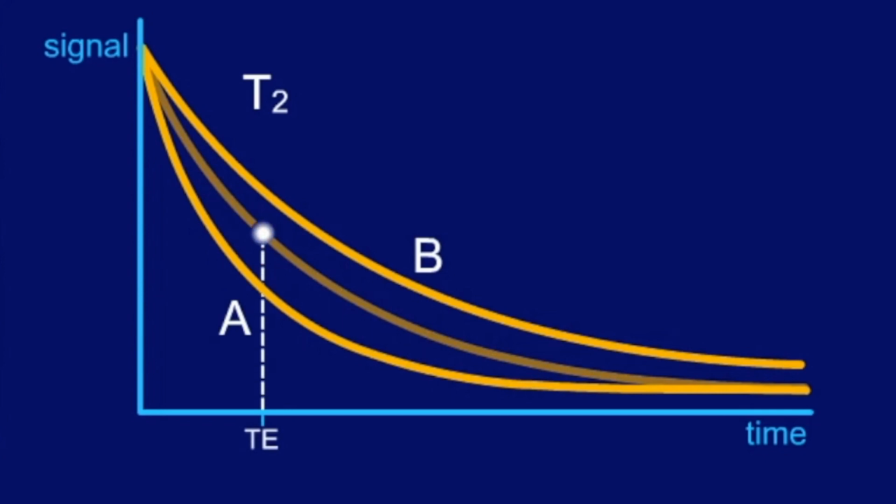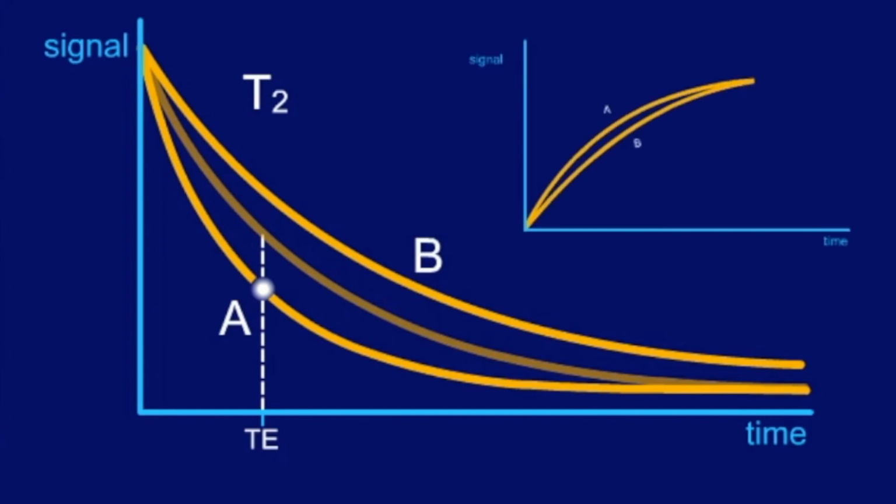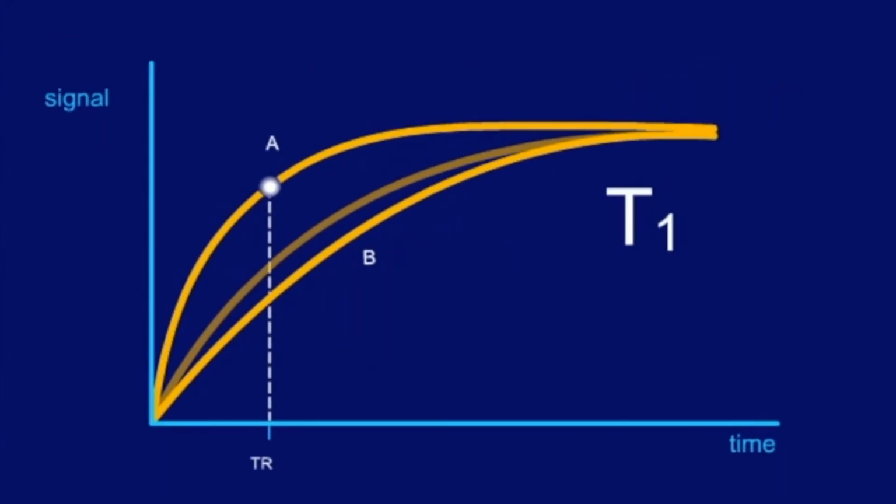Now, there is less signal coming from tissue A. Loss of signal is often more difficult to appreciate than a signal enhancement, as we have just seen. This is why T1 weighted images are the predominant imaging technique used after contrast medium injection.